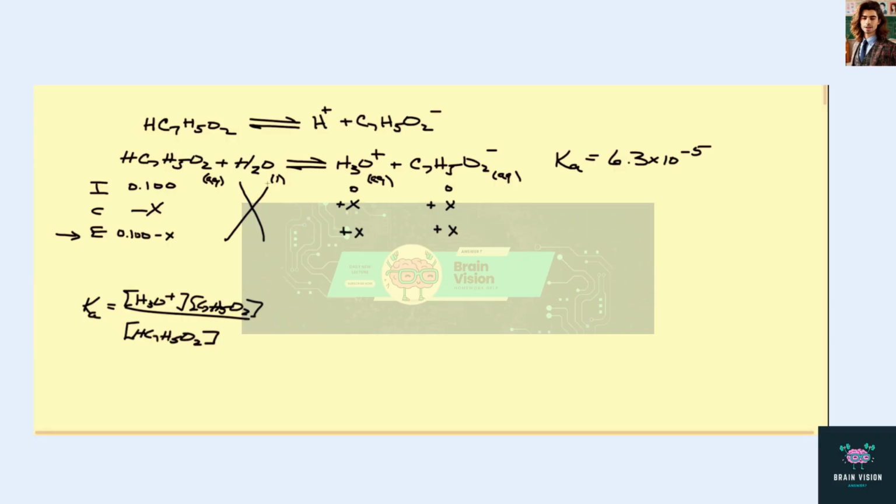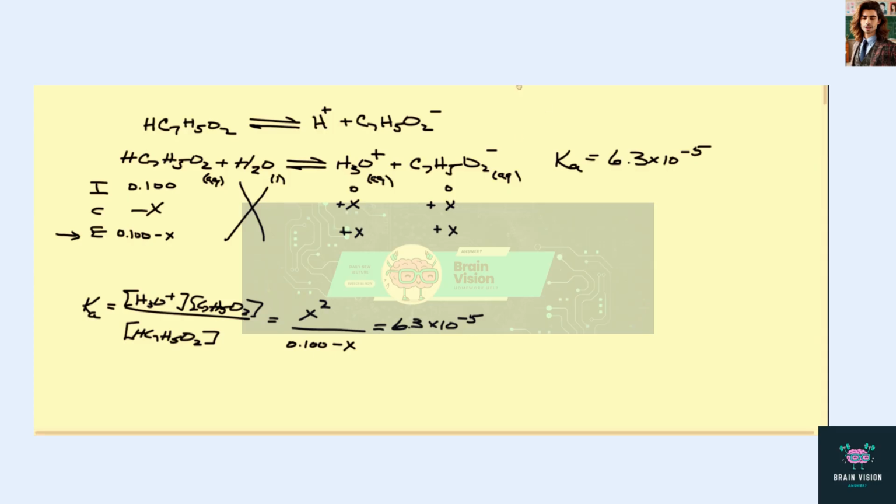But we don't include water because we don't include pure solids or pure liquids in the expression. Now, how did we represent each of the things in the numerator? X and X. So X times X is X squared. And then we have 0.1 minus X as our denominator. Now we know that's equal to 6.3 times 10 to the minus 5.